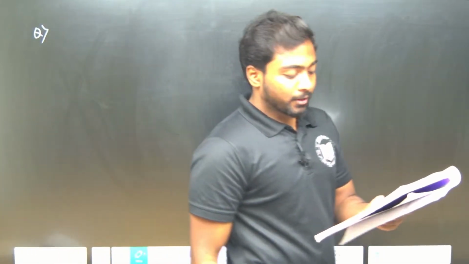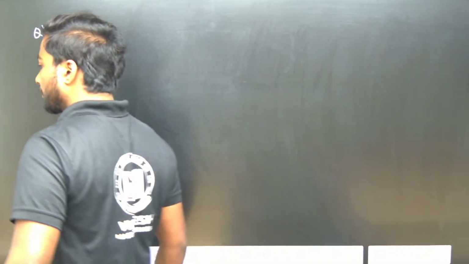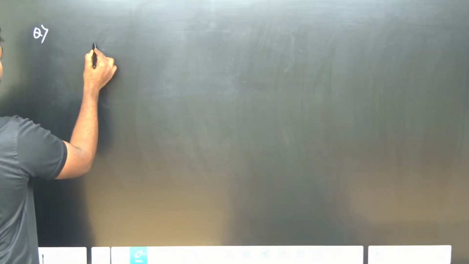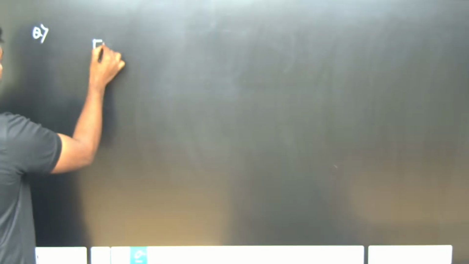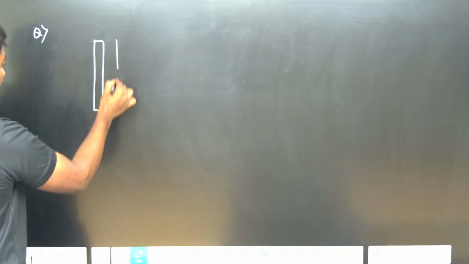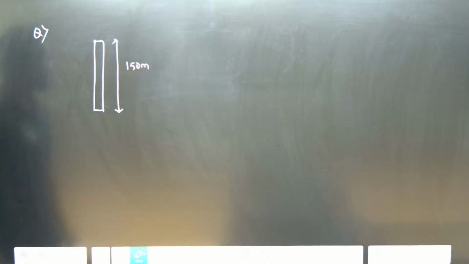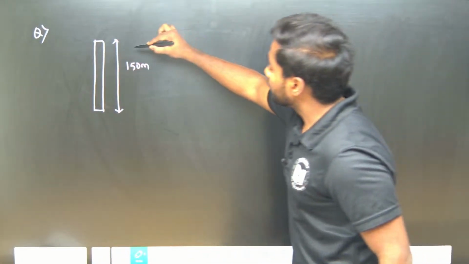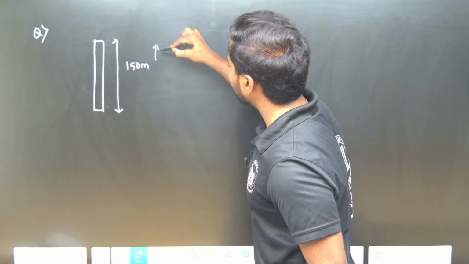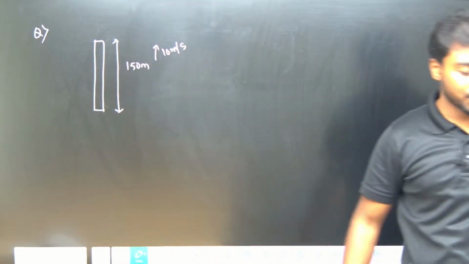A 150 meter long train is moving to north at a speed of 10 meter per second. So, 10 meter per second in the north direction.